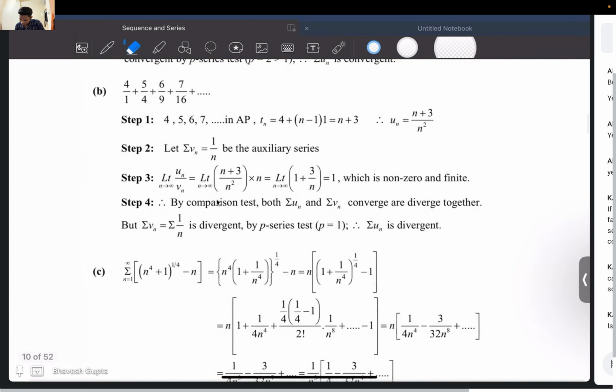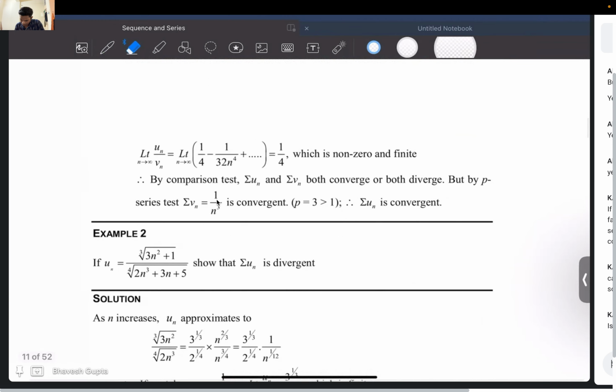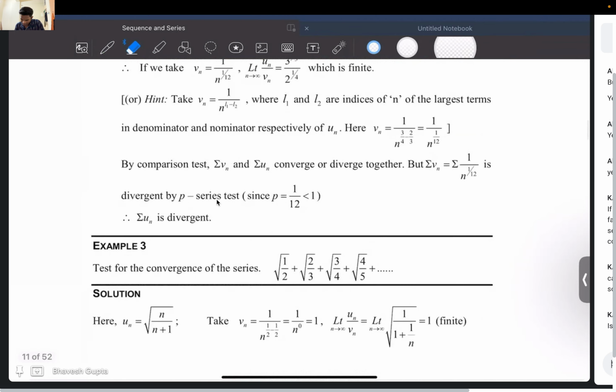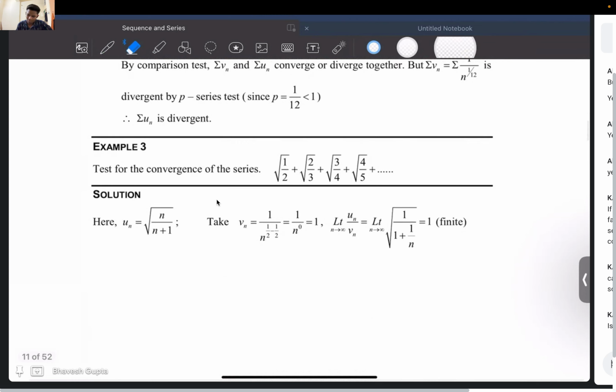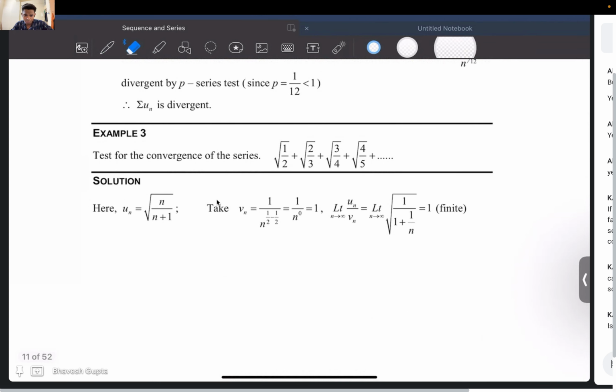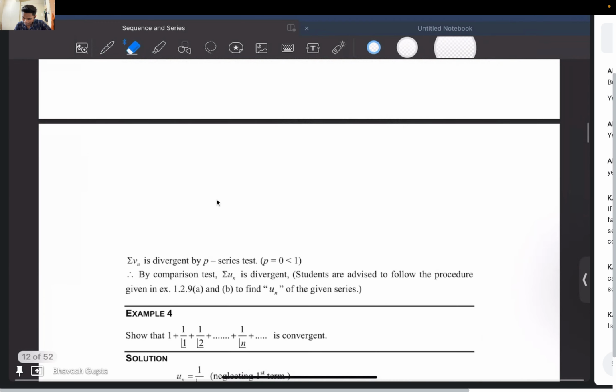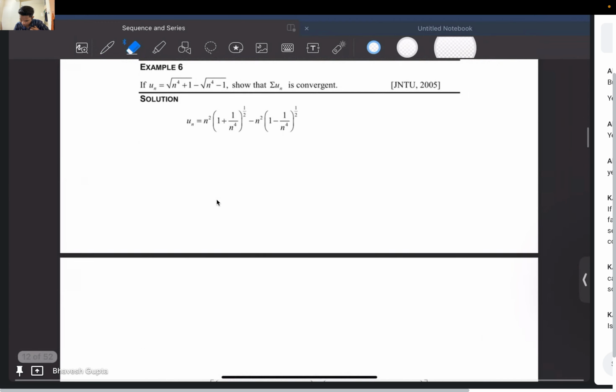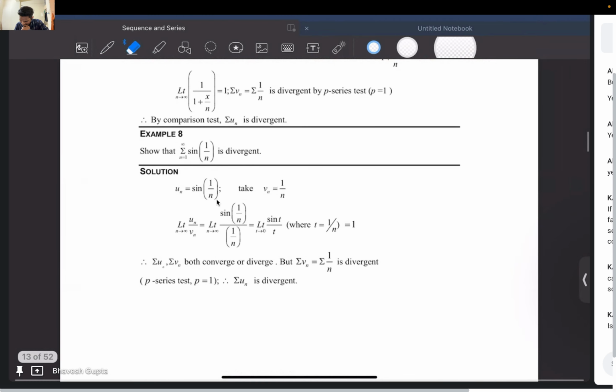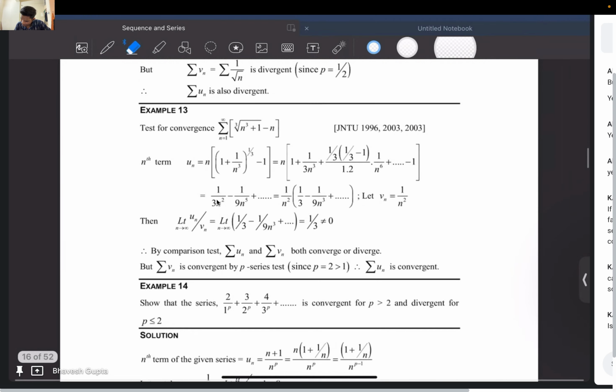I guess you are familiar with AP-GP. I just want to know what exactly you want to know, because sequence and series is a very big topic. If you go into the computer science department, they have a semester course on just sequence and series. You can understand it's such a big topic to cover. And let me see the important part.